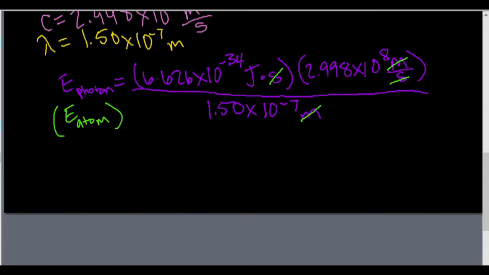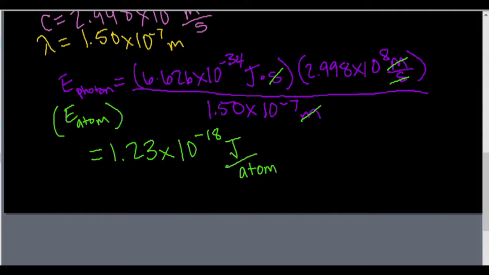So when you do all this math here, you're going to get, and I believe I rounded my number, but it should be in the ballpark, 1.23 times 10 to the negative 18 joules per atom. Right, because like I said, we were figuring it out for each photon, which is the same thing as figuring it out for each atom.